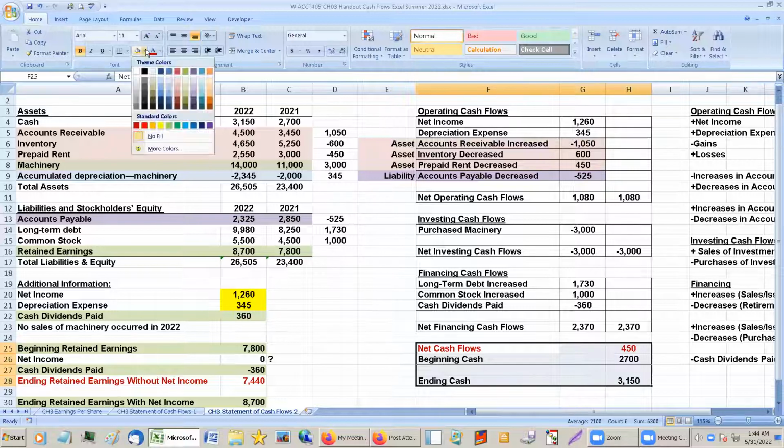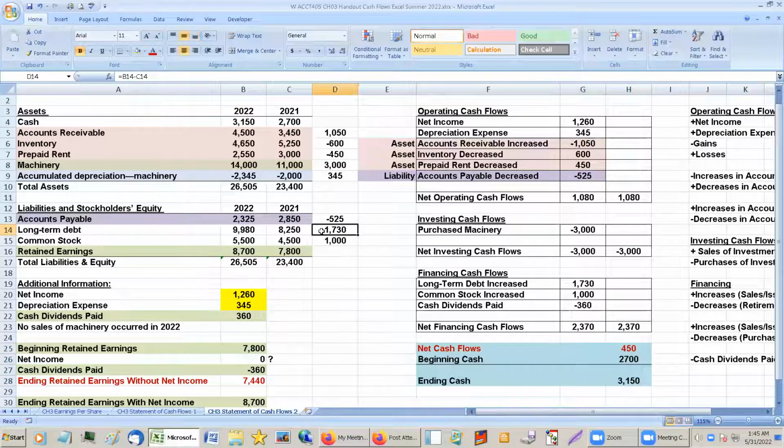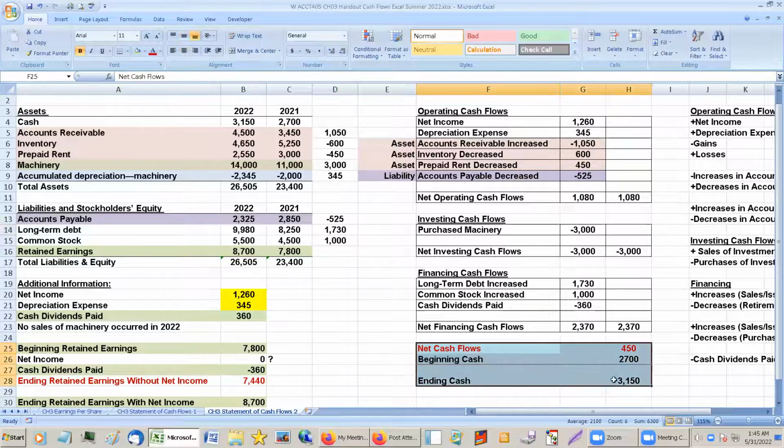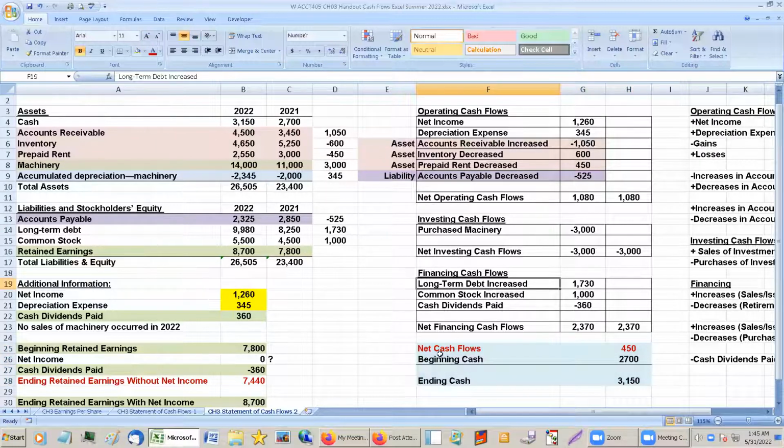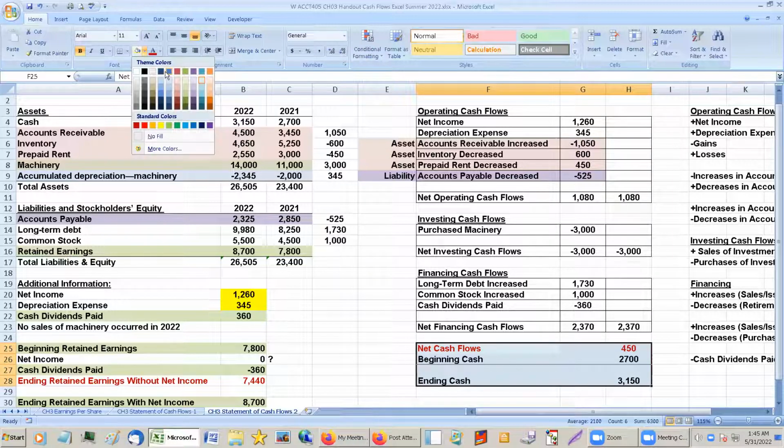So notice this. Let's get the color for that. Ah. No. What color do we use?